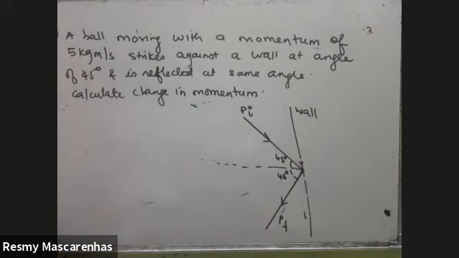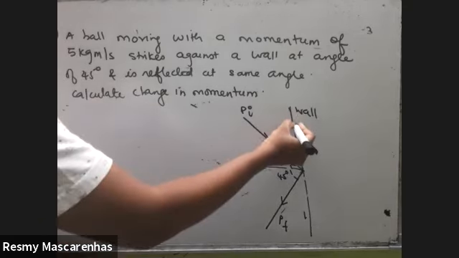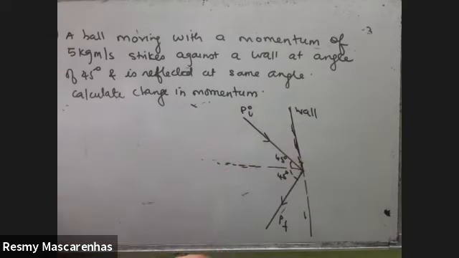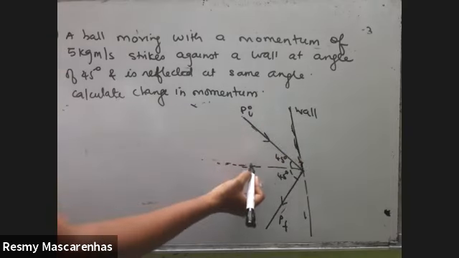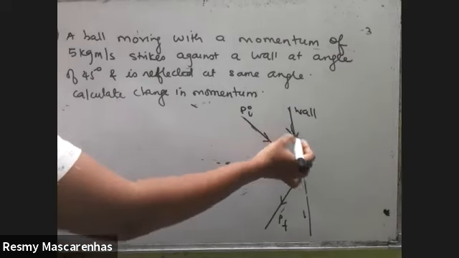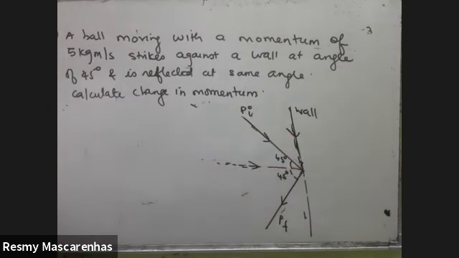Now anything at an angle will always have components. So we'll calculate the components for Pi first. If this is coming inwards, the arrows also will have to be put inwards.